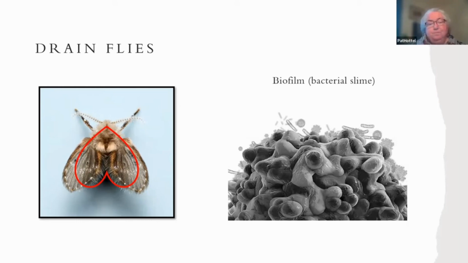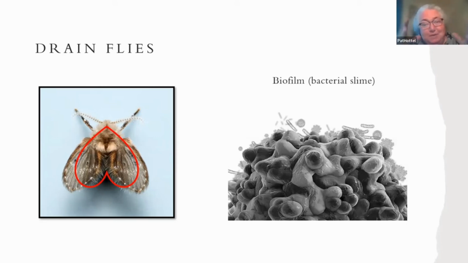Drain flies are living in biofilm, and I call it the slime layer, typically, that you'll see in a drain. So it's a film that's caused by bacteria. And I think from a public health standpoint and disease standpoint, it's important to point that out to the customer, not just that they need to remove that, but that they have pathogens.